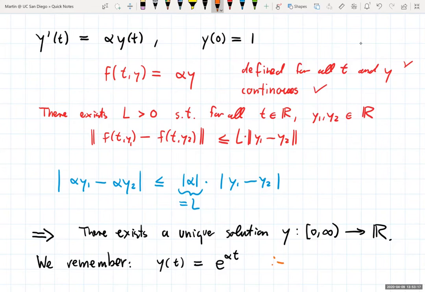And this completely agrees with what we already know about this ordinary differential equation. So this theoretical result shows the existence of a solution which also agrees with what we already know about this differential equation. So it seems that the result is quite powerful.